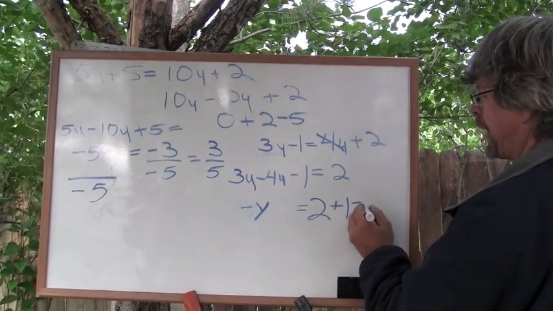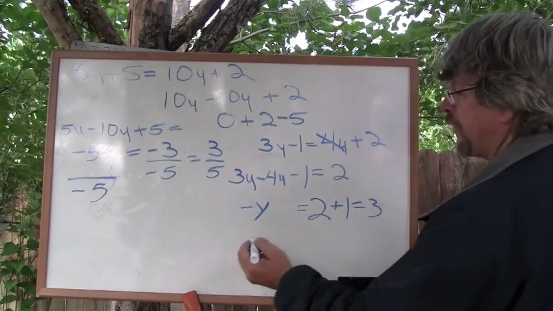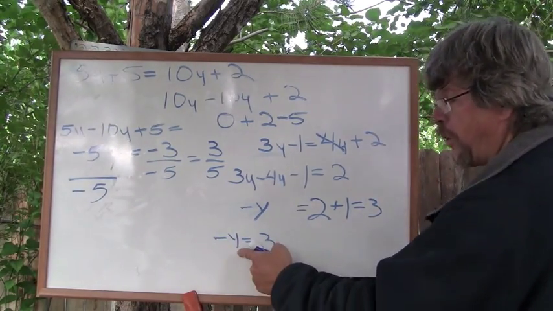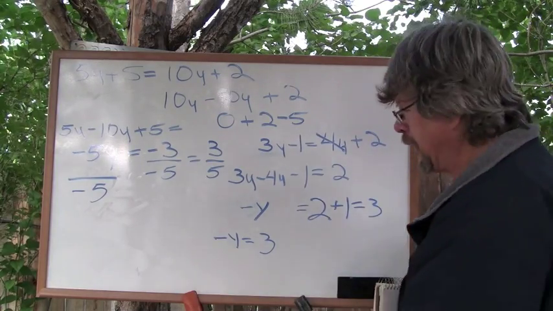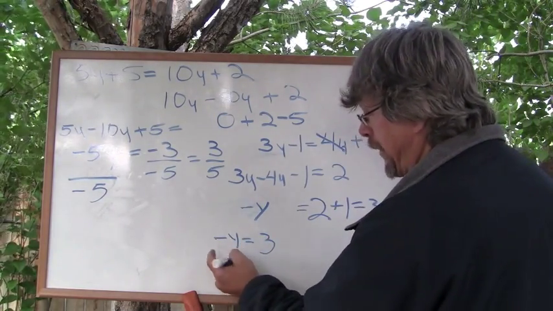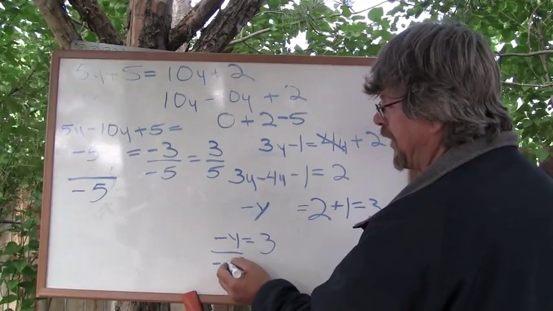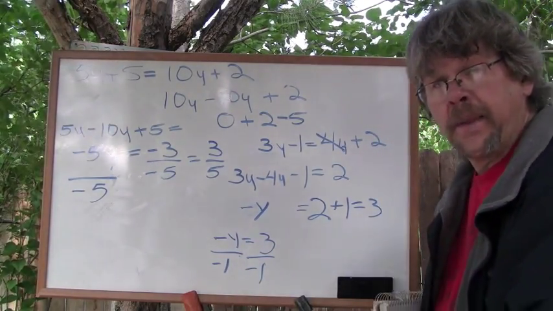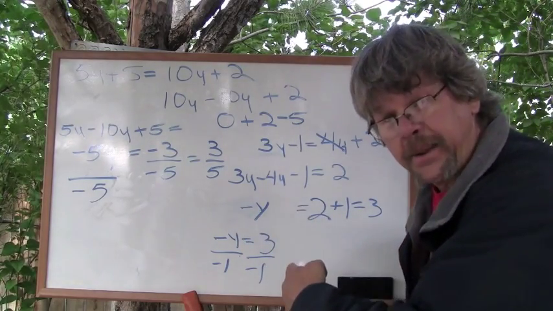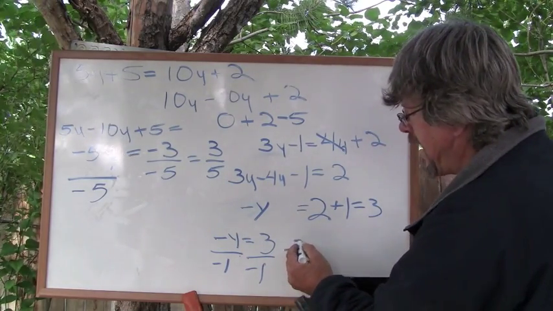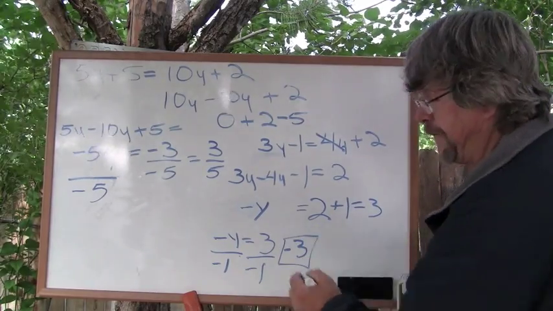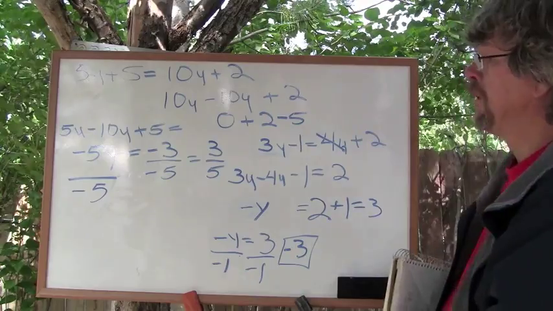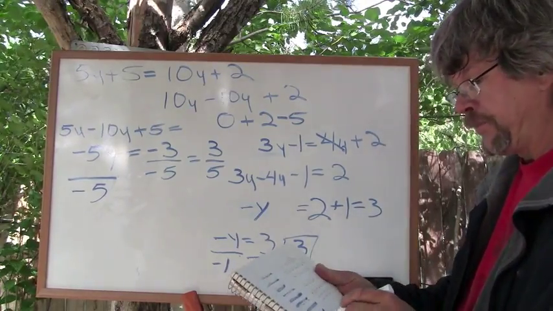You add it to here, and it turns it into 3. So now we have negative y equals 3. We don't want a negative with a variable, and that's a negative 1, so we divide by negative 1 there. We divide by negative 1 there. Negative 1 into positive 3 is negative 3. A negative into a positive is a negative. And that's how that works.